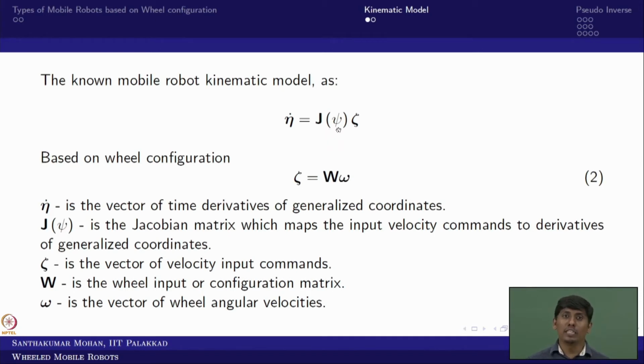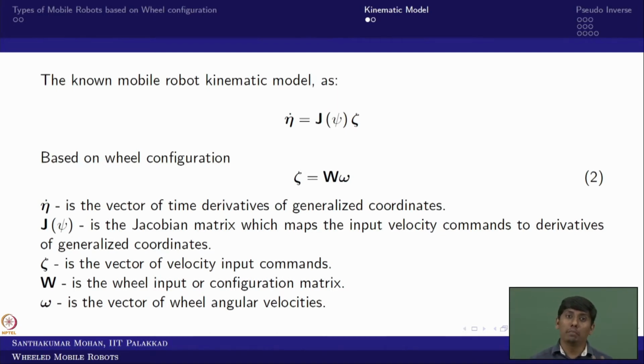So you can always get zeta based on the desired eta dot. But what we are looking at is the wheel configuration, where I can obtain omega. For that we take W inverse into zeta, which would give omega. So now, whether W inverse exists or not is your big question, right.